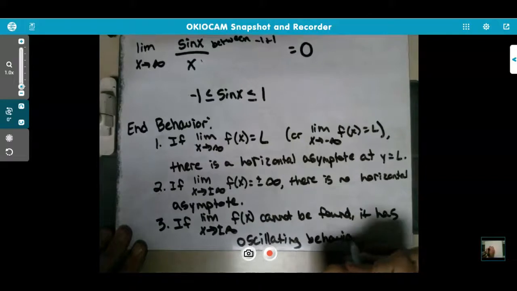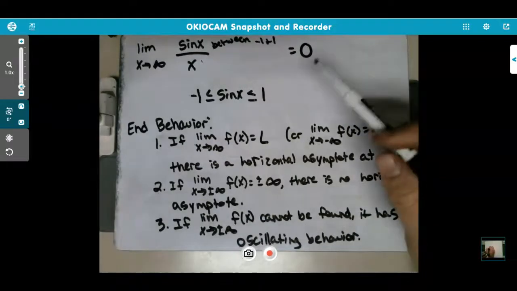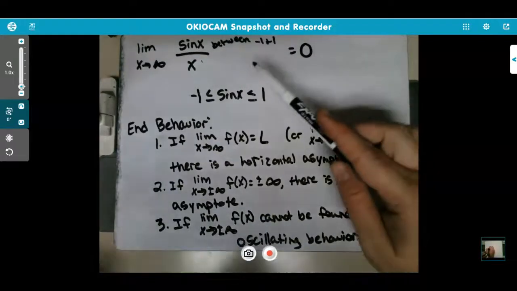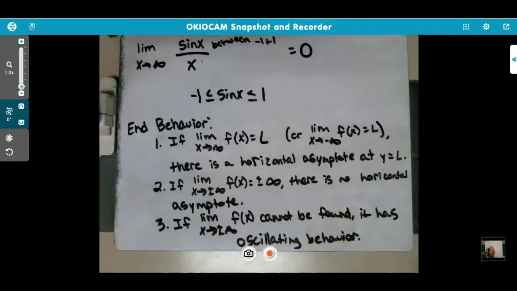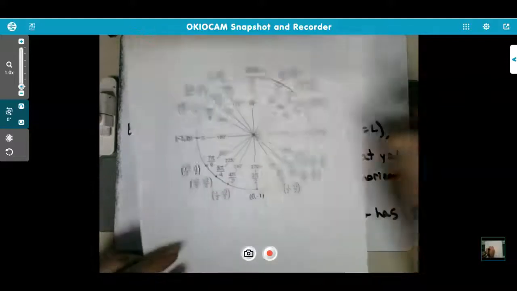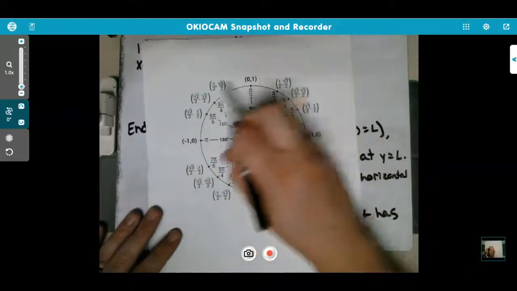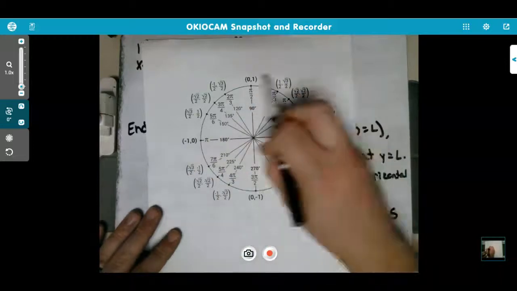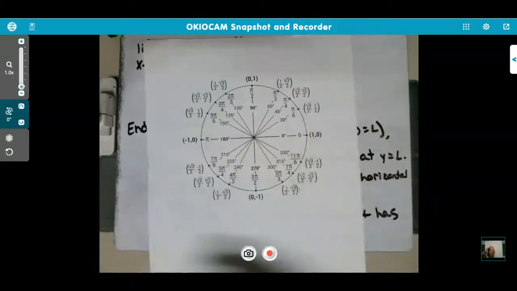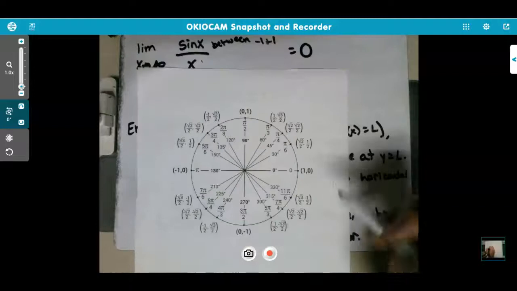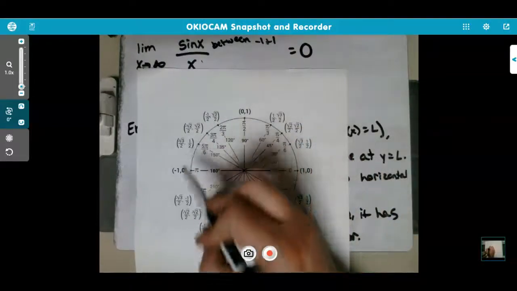That's kind of like what sine does, because for sine, as x grows and grows and grows, it's just going to go from here, and then it's just going to rotate again, and again, and again. So it's not approaching one thing, because it'll just switch off and on from all of these.